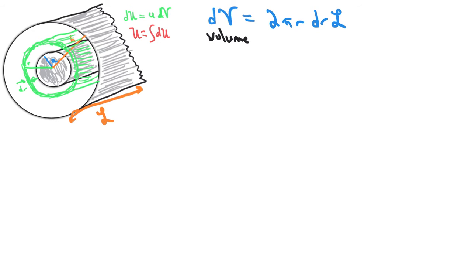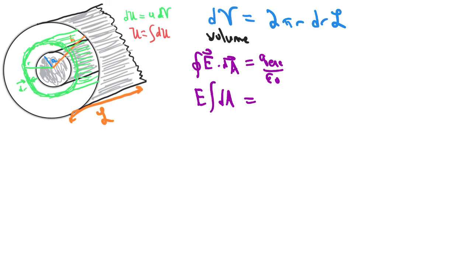We could do a Gaussian surface, and we could say E dot dA through our thing is going to be the enclosed charge over epsilon. E dot dA is just E dA. E is going to be constant because we're at a fixed radius, so we're just going to integrate dA over here.